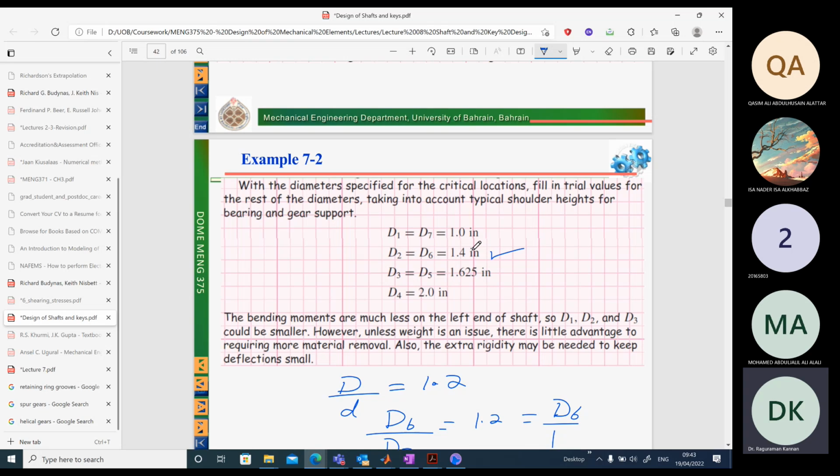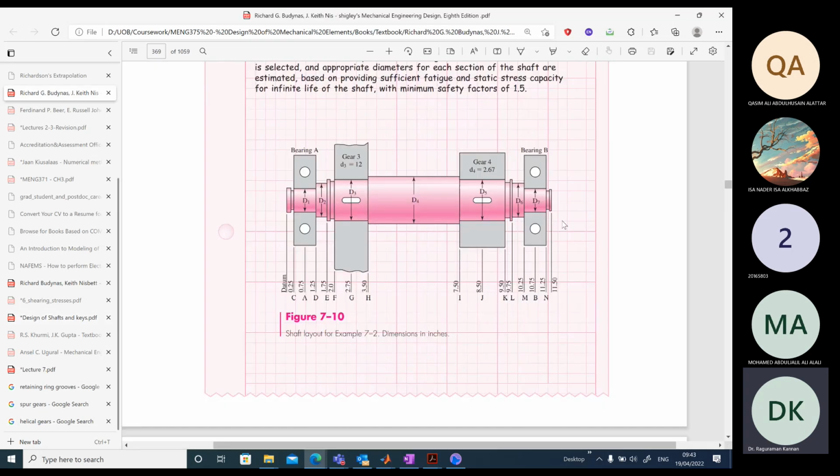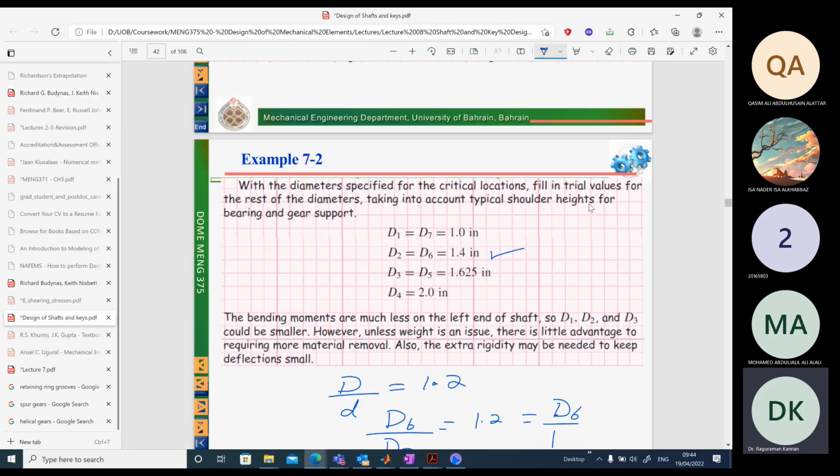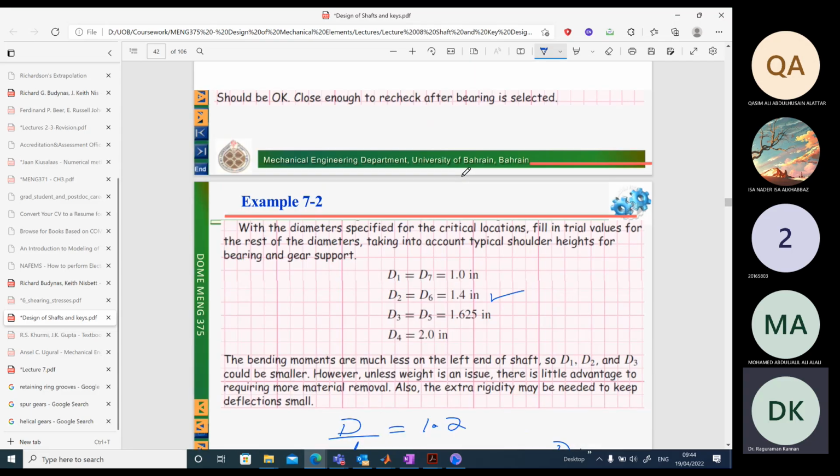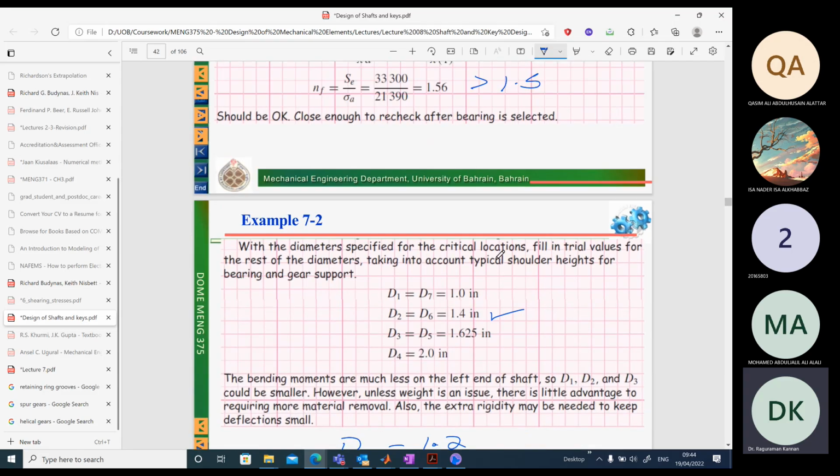Okay. Now we can select for D6 either 1.2 or 1.4, because if D7 satisfies the fatigue factor of safety, whatever size you assume for D6, it will also automatically satisfy the factor of safety. Okay, so therefore no more calculations are done, and this is the final design.